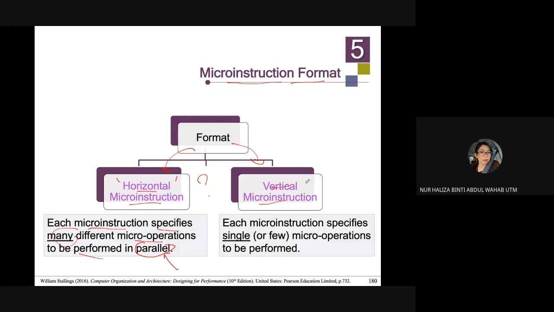While for vertical micro instruction, each micro instruction specifies a single, or maybe only one or two, micro operations to be performed. So this is the keyword: many different versus single. Because there are many in the horizontal micro instruction, of course you can perform the tasks together, in parallel and synchronously.